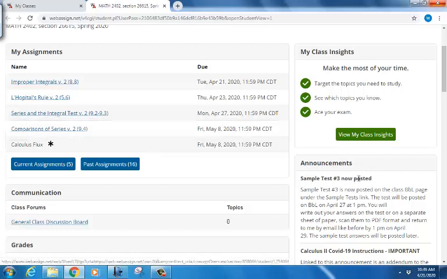There are no problems from this homework on the sample test number 3, and there won't be any on test number 3. This homework is not due until Friday, May 8th, so it's a long ways off, because that is also the day the final exam will be due, if you have to take the final exam. The final exam will be posted May 6th, which is Wednesday, and then it will be due on May 8th.